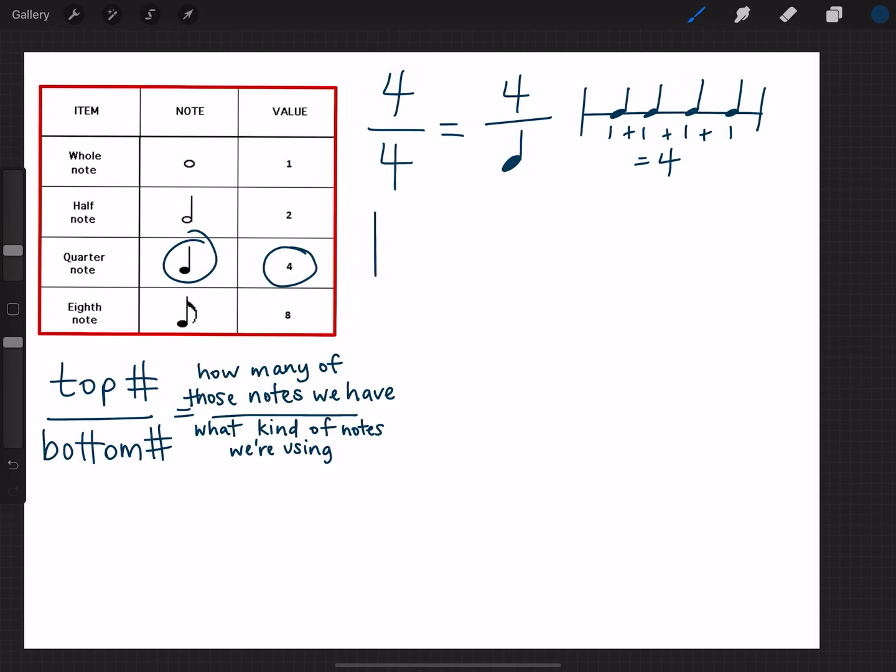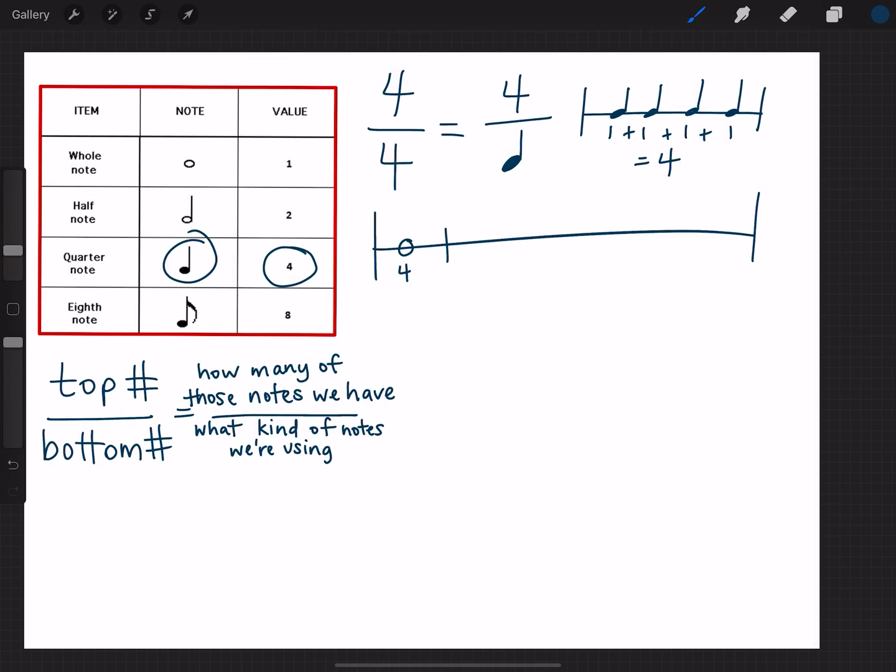So let's say we have an example, and I'm going to make some measures, and we have to fill them out, okay? So let's say we have a whole note. Well, how many beats is a whole note? A whole note is worth 4 beats. Does this 4 equal this 4? It does, so that can be a measure.